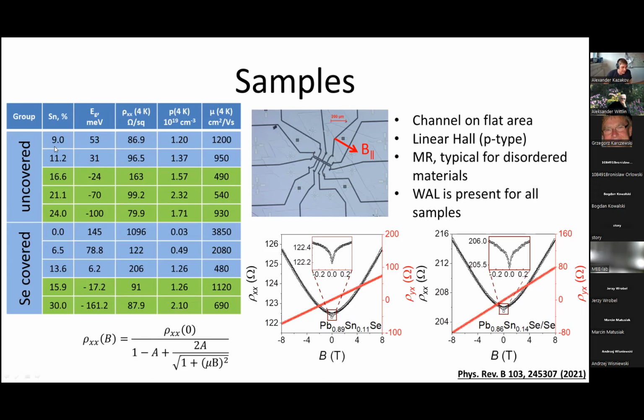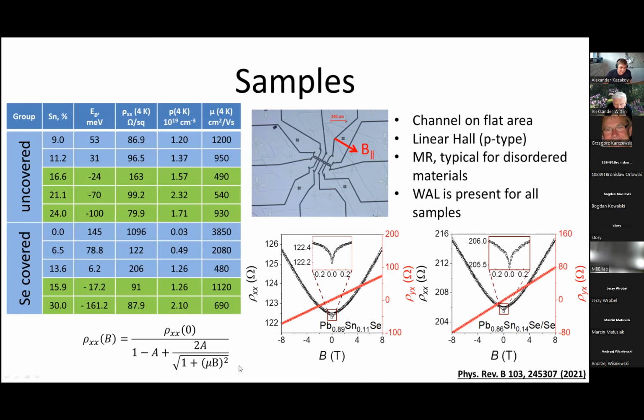Blue corresponds to topologically trivial cases, and green to topologically non-trivial cases. Magnetotransport was quite typical for a disordered conductor, with high-field magnetoresistance changing from parabolic to linear dependence, which is described by such a semi-empirical formula.